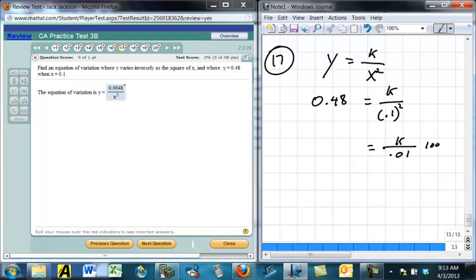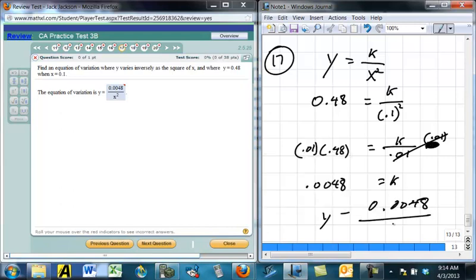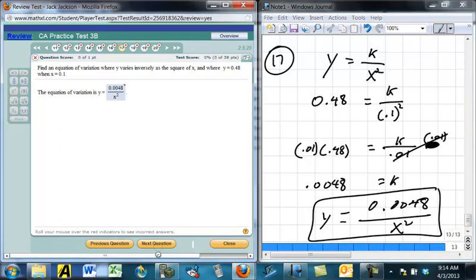Actually, if you multiply by 0.01 on both sides, that will cancel that out to solve for k. So 0.0048 is k. So y equals 0.0048 divided by x squared. And that's what we have there.